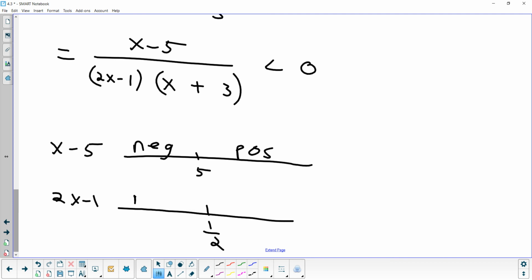Negative. And what if you plug in a number bigger than 1/2? Positive. If you're not sure, just pick a number and try it. A number smaller than 1/2 is 0. Try plugging in 0 here for x and see what you get.